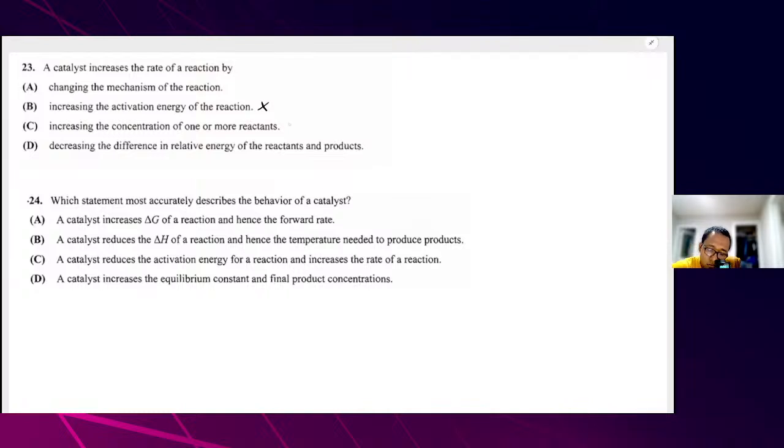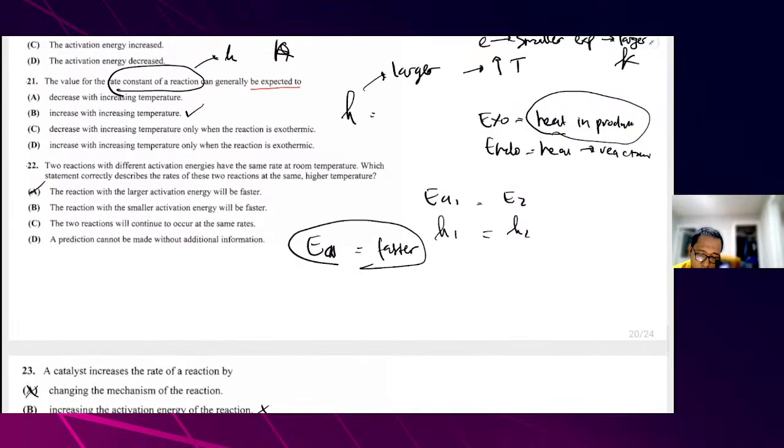No. So number 23 might be A. Increasing the activation energy of the reaction, so kind of like this way, this one, and then this one. Sometimes like this one.